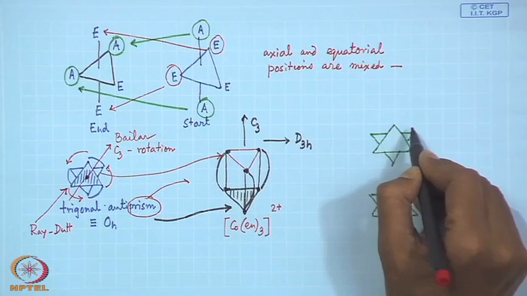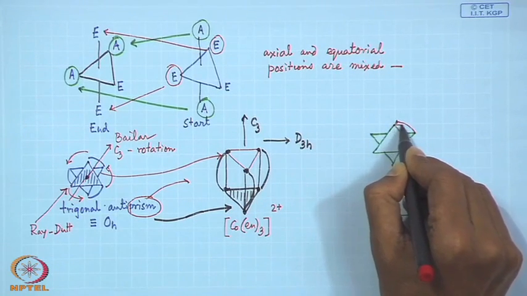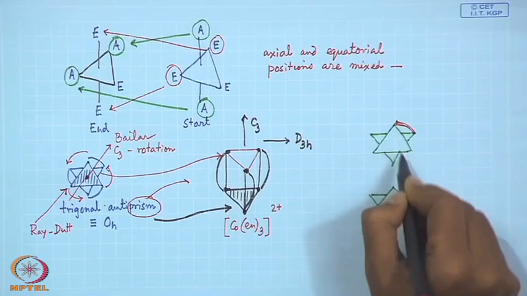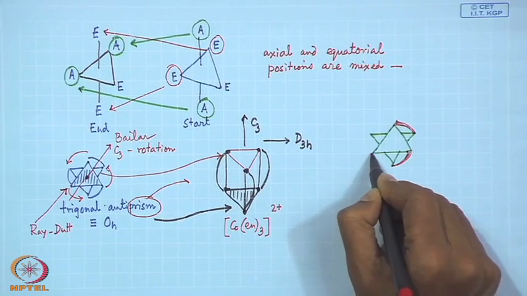So, when we get this connectivity, the bidentate chelation is from this side, and from this also, and from this also.